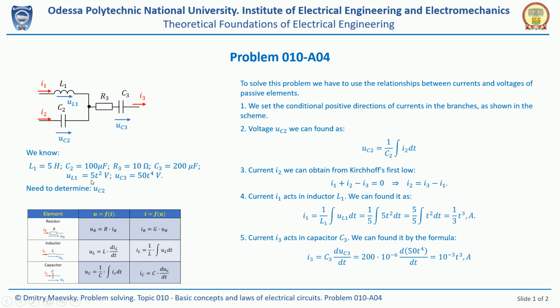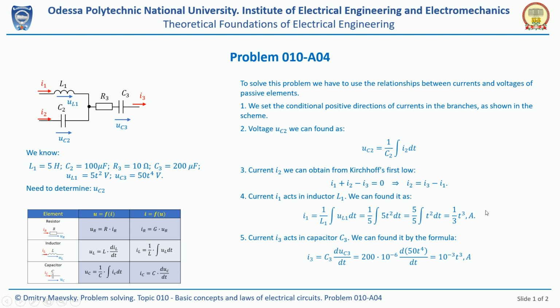1 over 5, 5 is the inductance of this inductor L1, times integral 5 t power 2, t power 2 multiplied by 5 is UL1 dt.